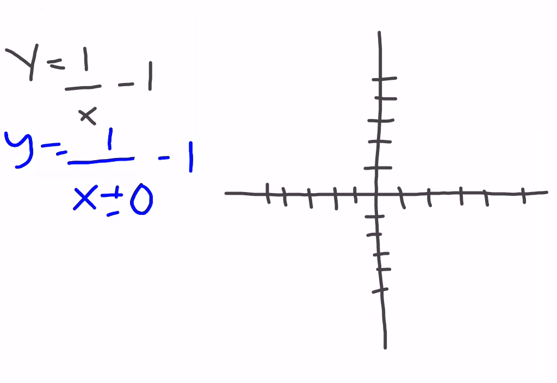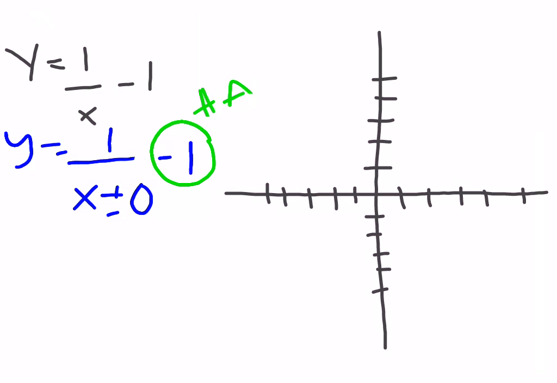So, today we learned that this piece right here tells me about what my horizontal asymptote is. And the horizontal asymptote is going to go through the y-axis. So that makes sense why it might have something to do with our up and down movement.